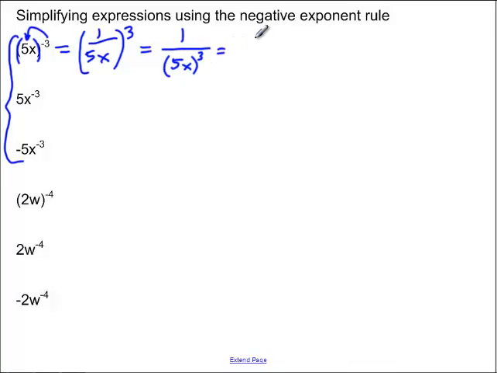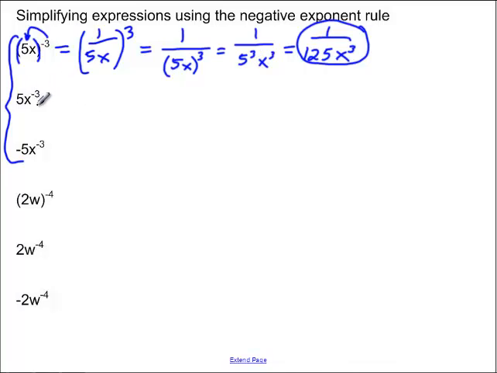Now we can use the powers we've learned before. This is 5 cubed times x cubed, so the answer is 1 over 125 x cubed, because 5 cubed is 125.